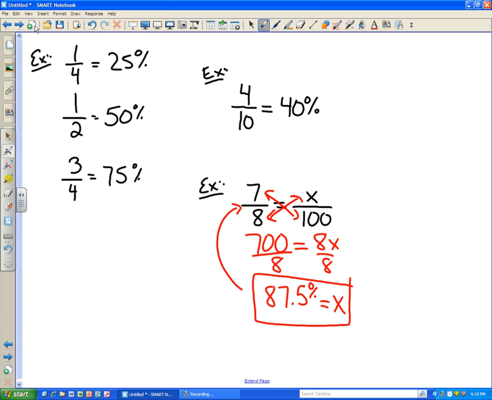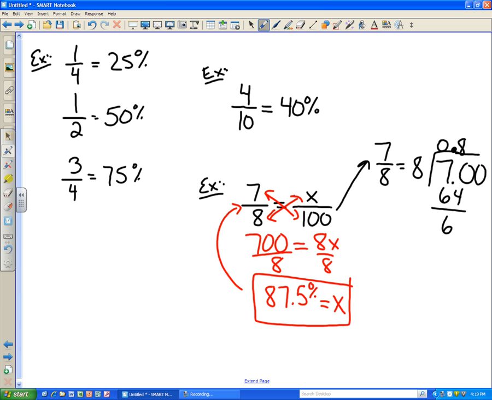We could also, instead of using a proportion, use the fact that all fractions mean division. So we could choose to divide 7 divided by 8. Add a decimal and a couple zeros. 8 goes into 7 0 times. Here's my decimal. 8 times 8, 64.